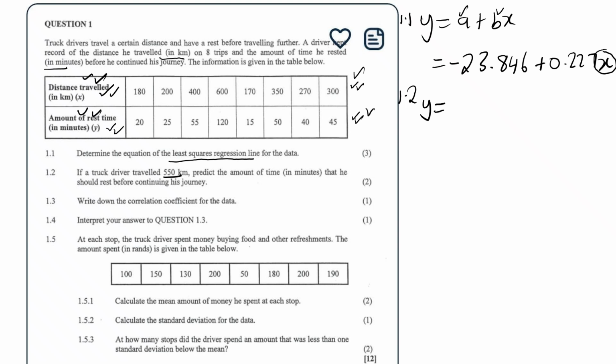So y is equal to minus 23.846 plus 0.227 times our x, which is 550. If you punch this into your calculator, the amount of time that you rested is 102 minutes 0.65 seconds.